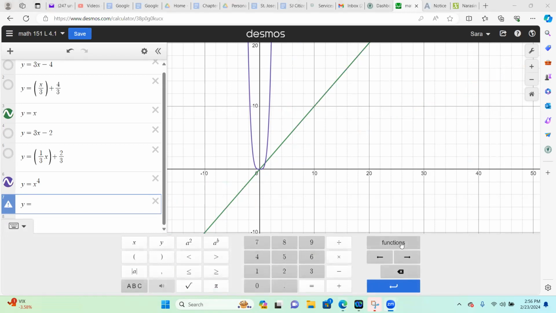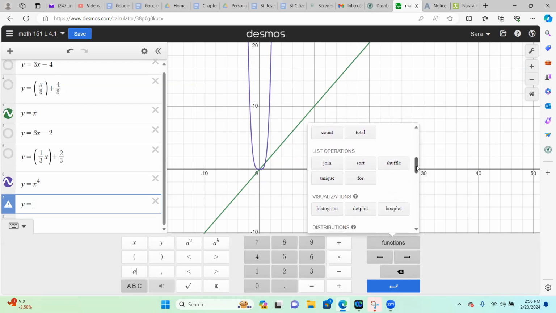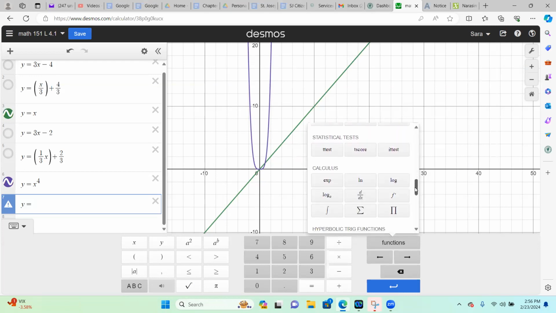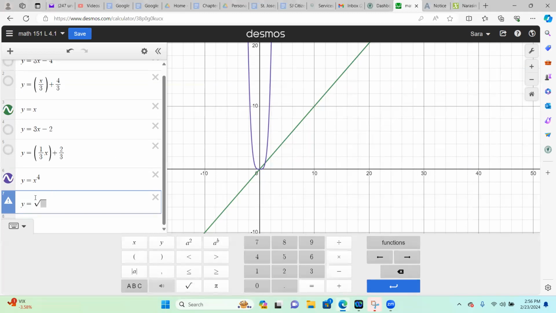And we're going to have to go into our functions. Oh, there it is, the nth root. And that is going to be the fourth root of x. Okay. And you can see that if we only look at when x is positive, they are symmetric around the y equals x line.